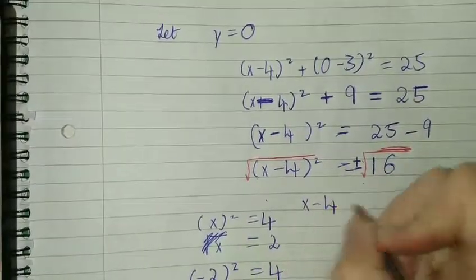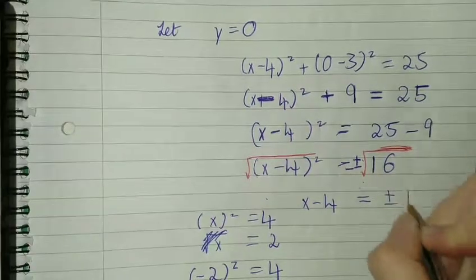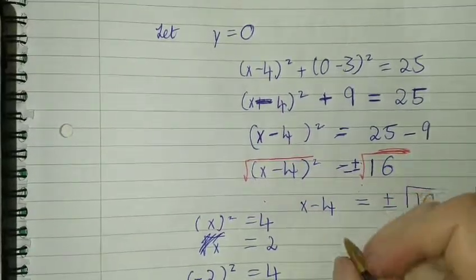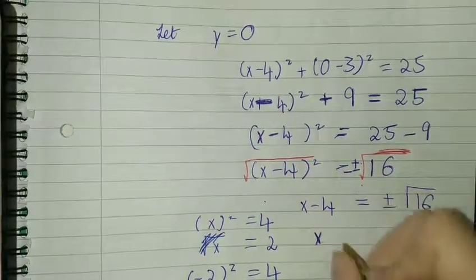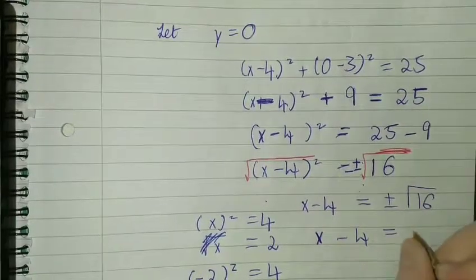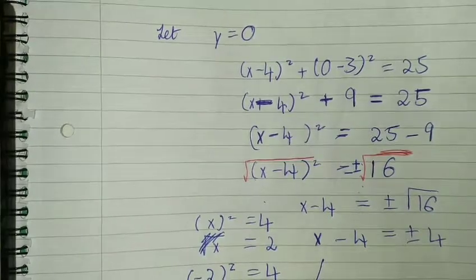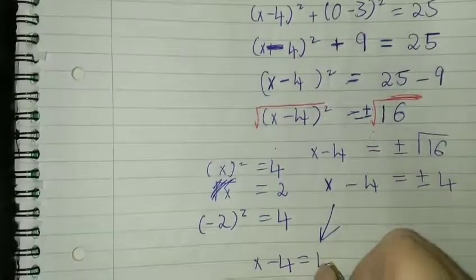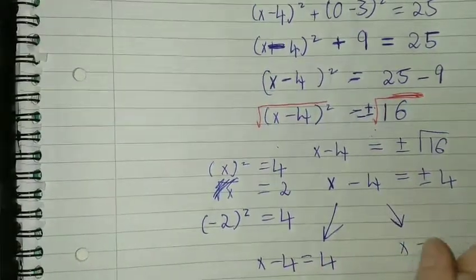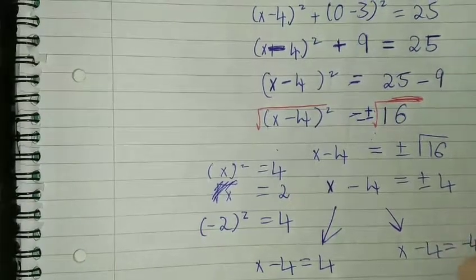So that'll be x minus 4 is equal to plus or minus the square root of 16. So x minus 4 is equal to plus or minus 4. So in case 1, x minus 4 is equal to plus 4. And then the next one, x minus 4 is equal to minus 4.